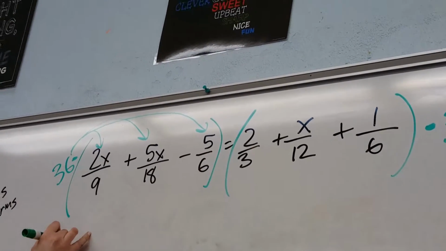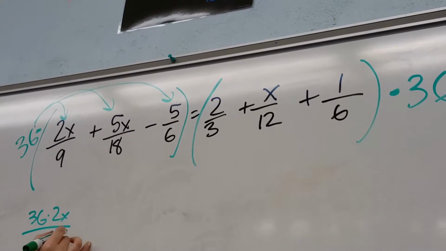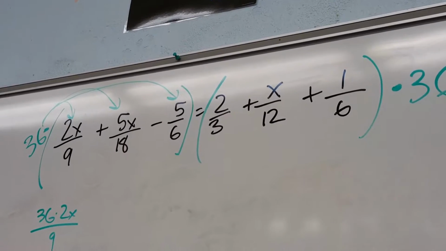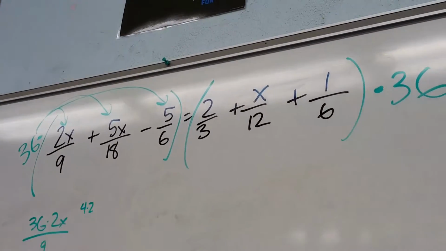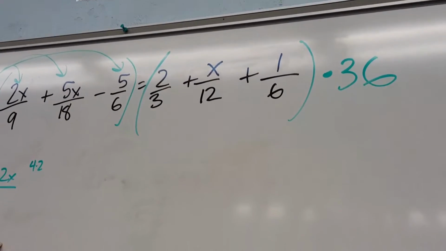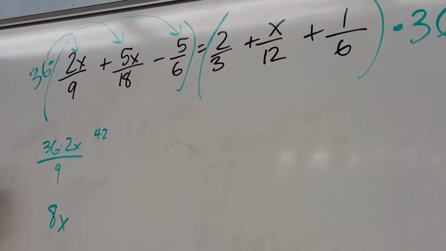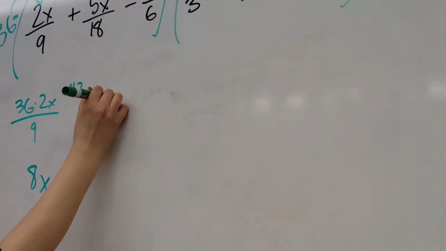So let's think. What is 36 divided by 9? 36 divided by 9 is 4. So then what is 4 times 2? 4 times 2 is 8. So I'm going to have 8x. Then we think, what is 36 divided by 18?